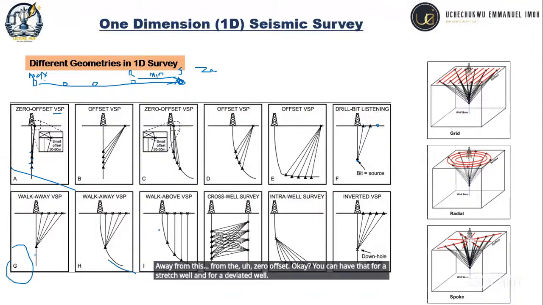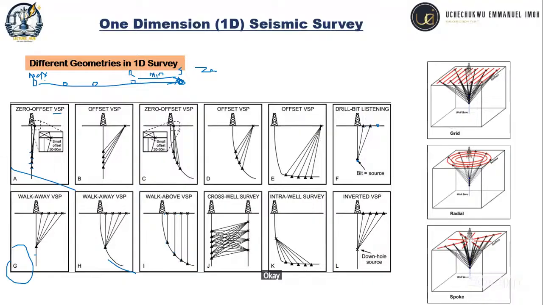And we also have a walkover VSP, which is mostly used for deviated wells, where you have your receivers within the well, and directly above the same offsets where the receivers are, you place your shots. So it's a combination of the walkover VSP and a zero offset VSP.